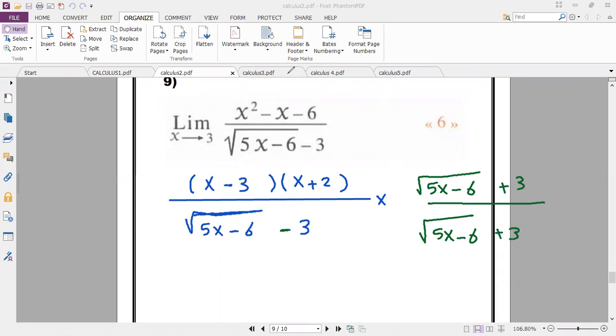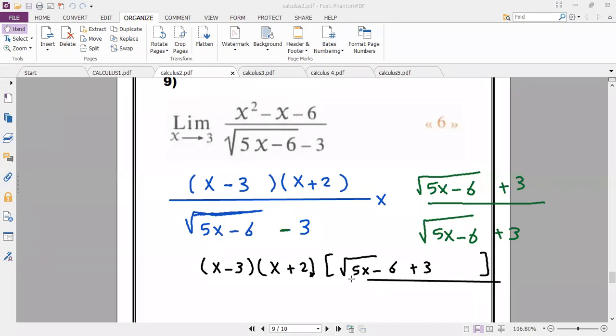So it's x minus 3 at the top, multiplied by x plus 2, and all of them multiplied by the square root of 5x minus 6, then plus 3, all divided by the square root multiplied by itself. So we are going to write the expression without the square root. So it's going to be 5x minus 6 here.